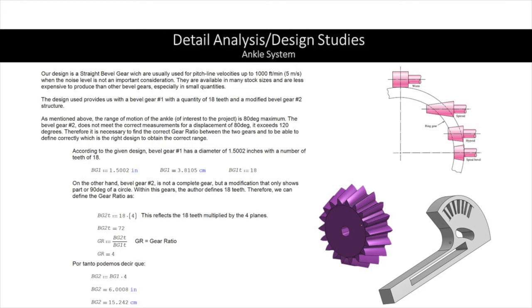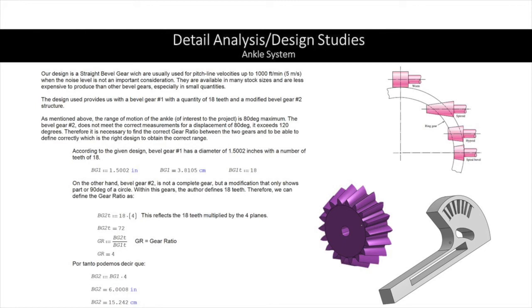According to the given design, bevel gear 1 has a diameter of 1.5 inches with a number of teeth of 18, which means that bevel 1 or BG1 is equal to 1.5 inches, which also means 1.5 inches equal 3.8 centimeters.